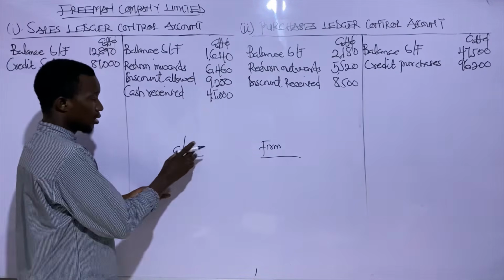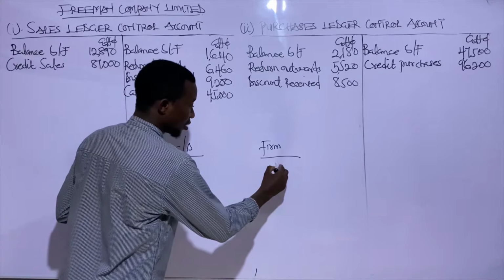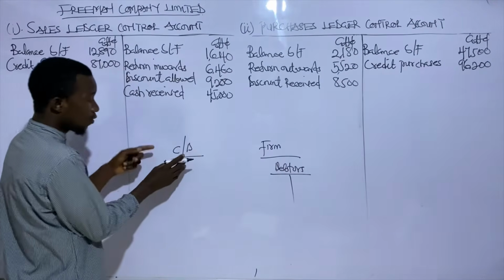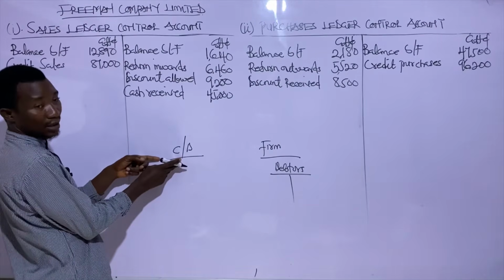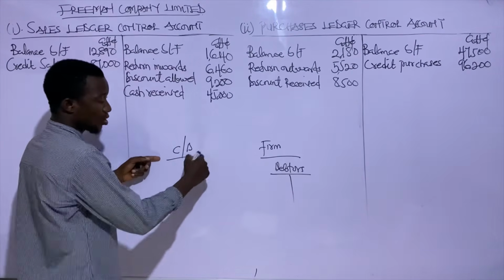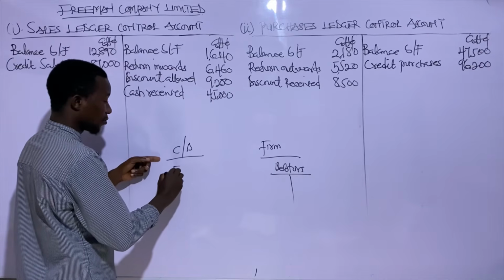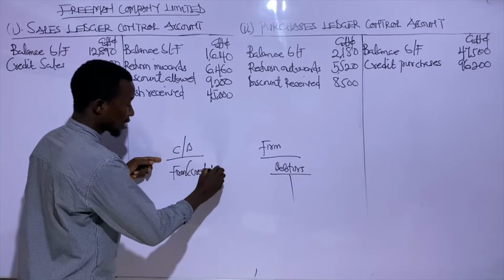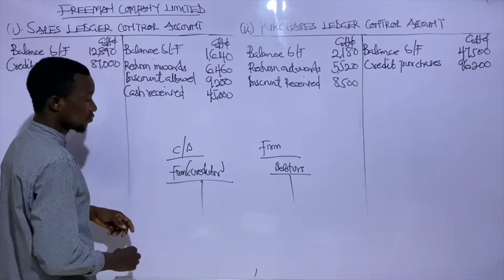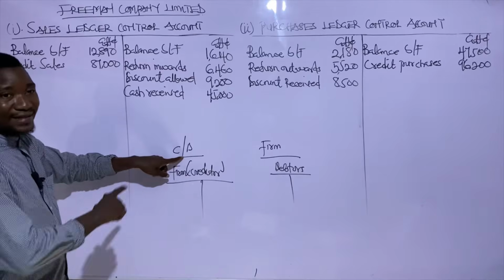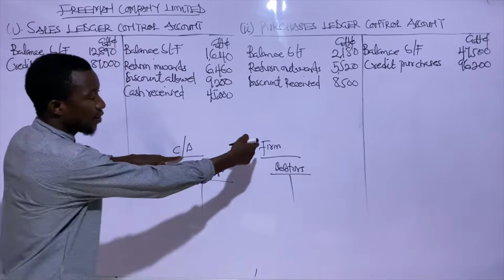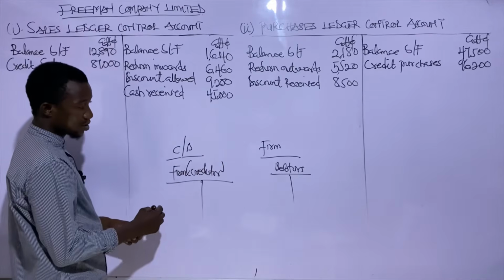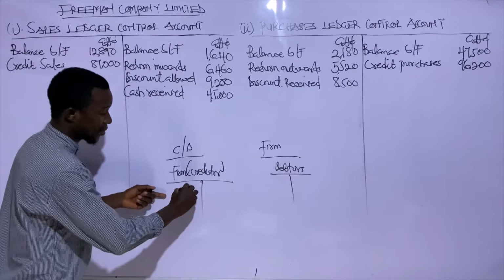Listen, in the book of the firm, there will be the debtors account this way. In the book of the debtor or the customer, the firm's account will be there. And this firm is a creditor to the customer, so it will be a creditors account. So the customer will send a debit note and the firm will receive it, and the customer is telling the firm that your account with me has been debited.